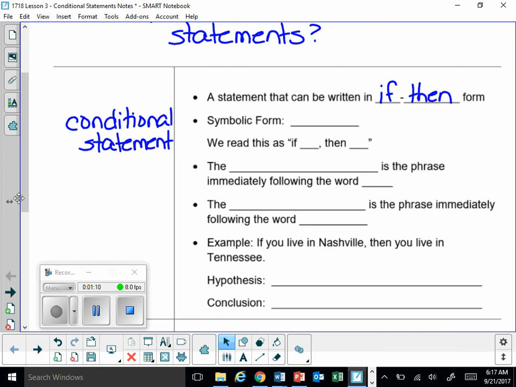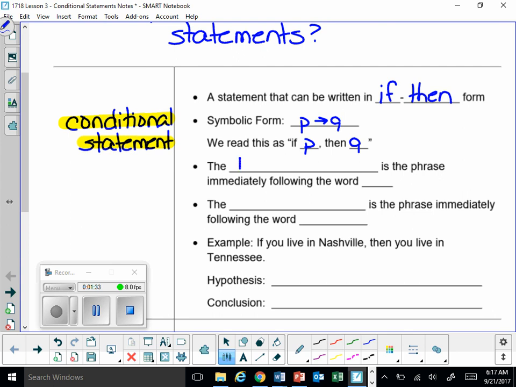So going back to the broccoli example, if I eat my broccoli, then I may have dessert. The symbolic form for this is a lowercase p with an arrow and a lowercase q. We read this, if p, then q.